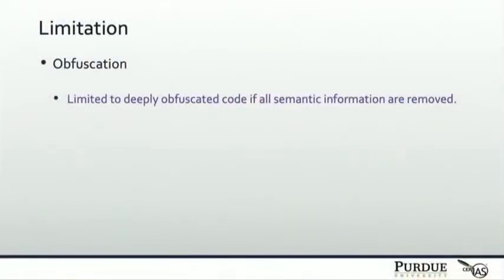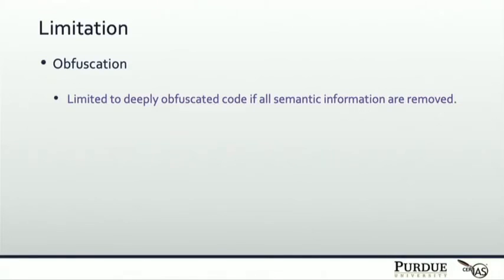Here we will talk about some limitations of this approach. Since Clue Finder is a semantics-based approach, it is limited on deeply obfuscated code, if all the semantics information were removed from the decompiled app code.